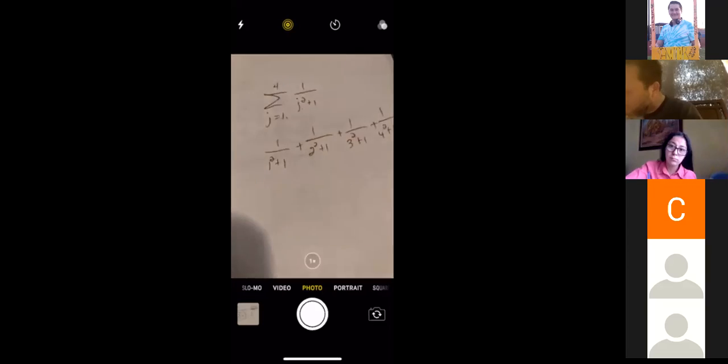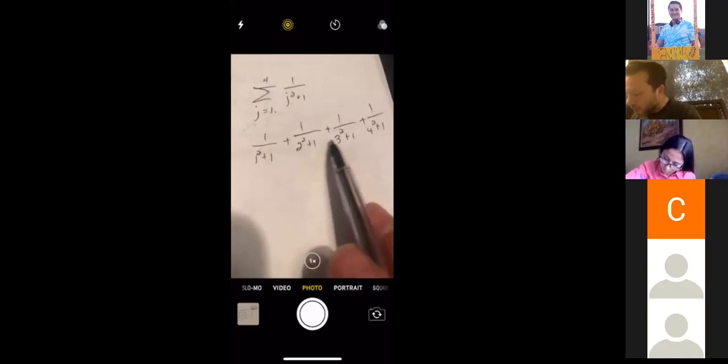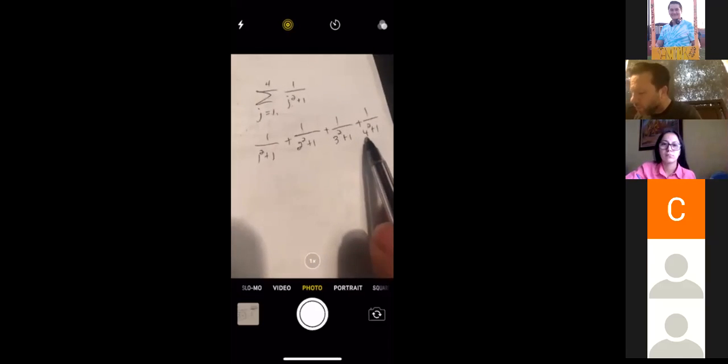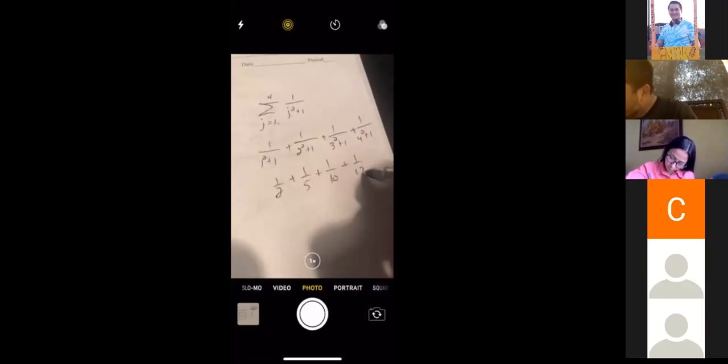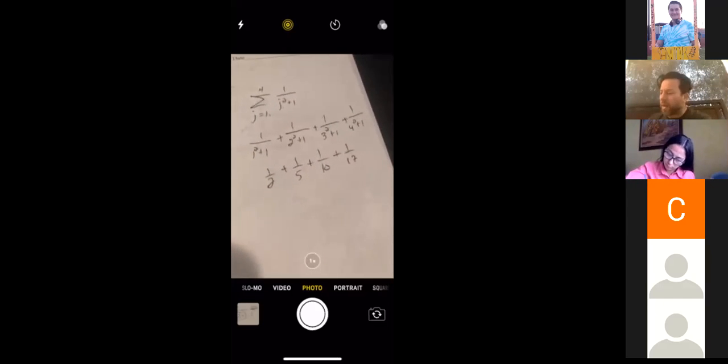And then replace j with 4. So there's your j is 1, j is 2, j is 3, and j is 4. Of course, I end up with a fraction, plus a fraction, plus a fraction, plus a fraction. And you've got calculators, or whatever you need to find that sum.